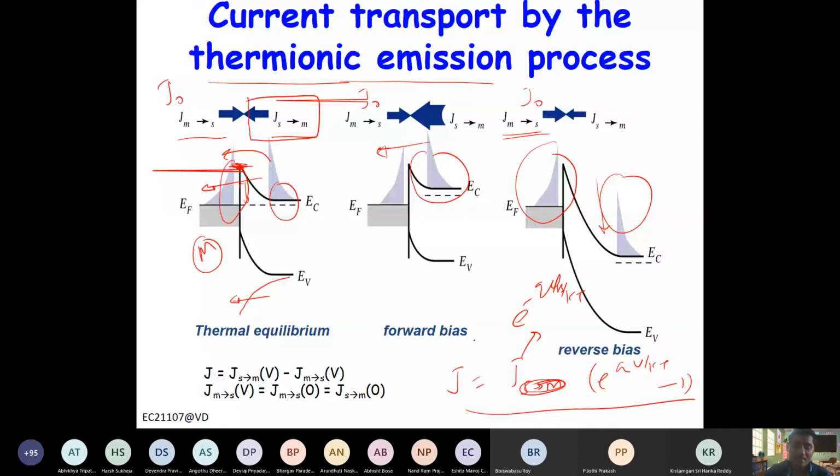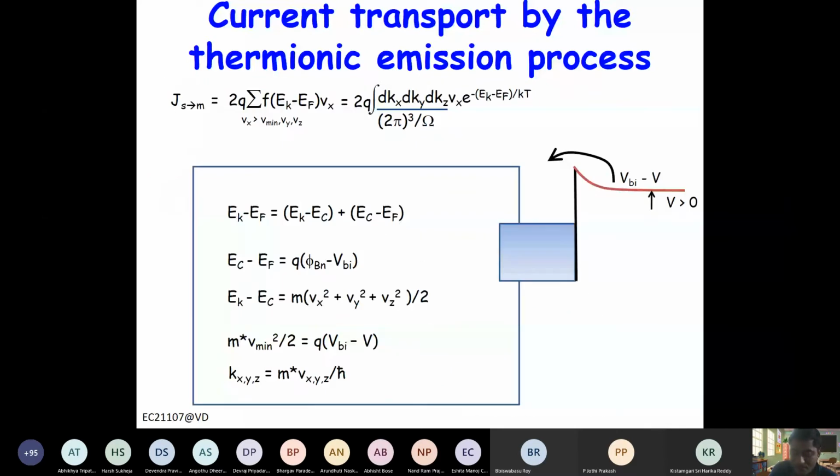Now, if you look at this diagram, you can write the current as q times v times n, or qv times the integral of dn. Now dn is equal to the density of states times the Fermi function times dE.